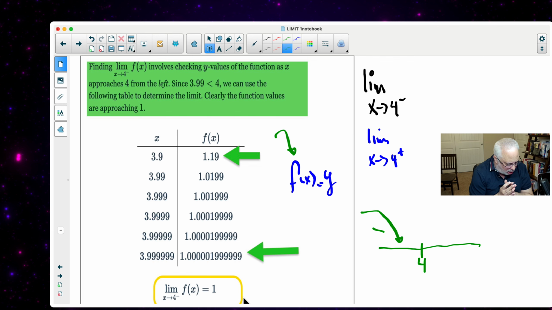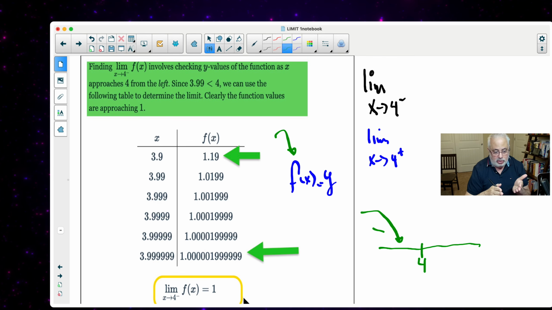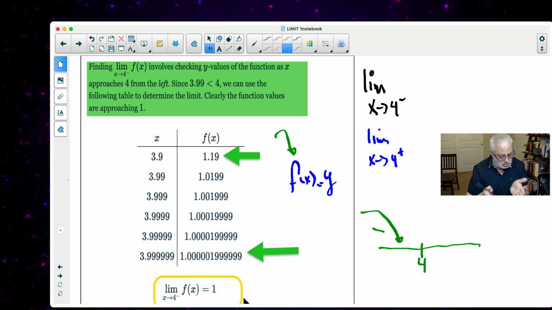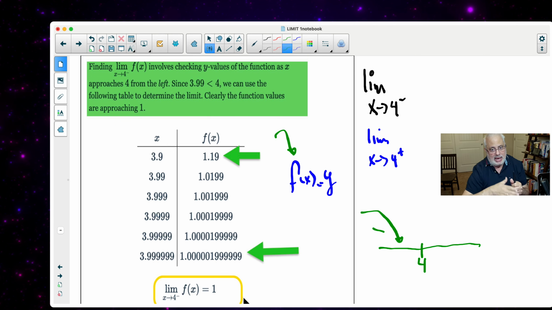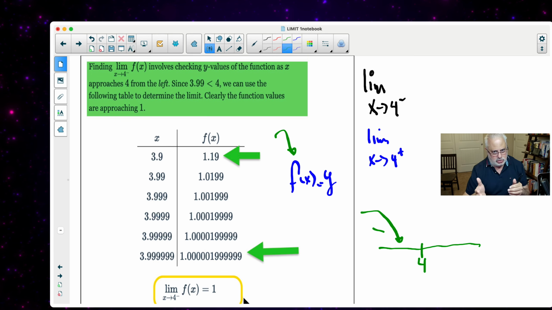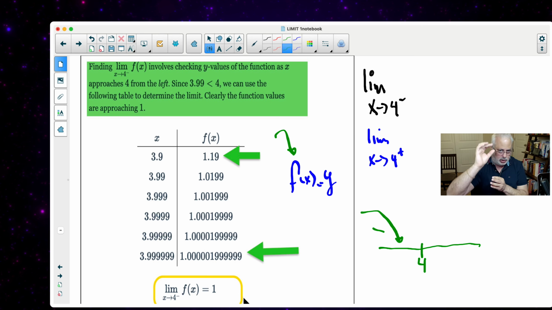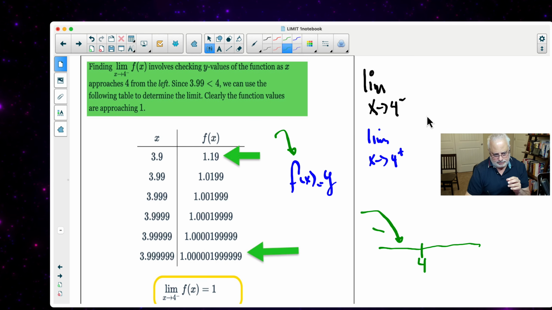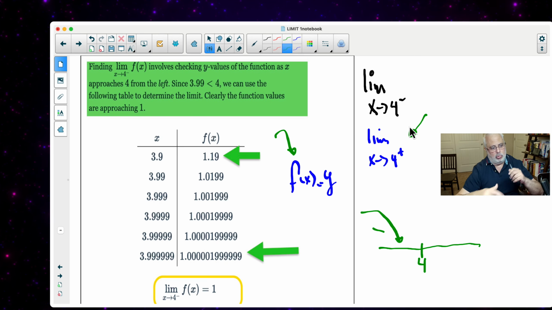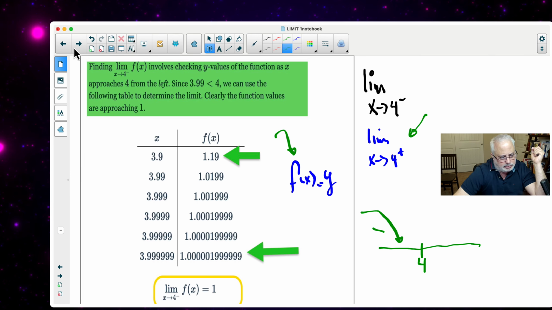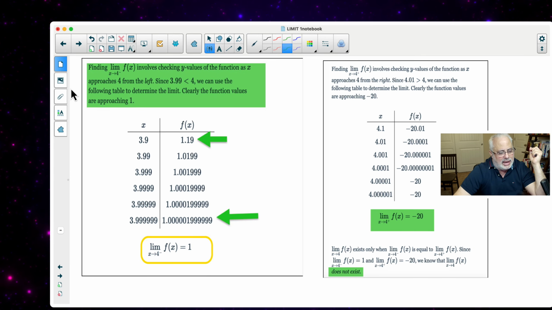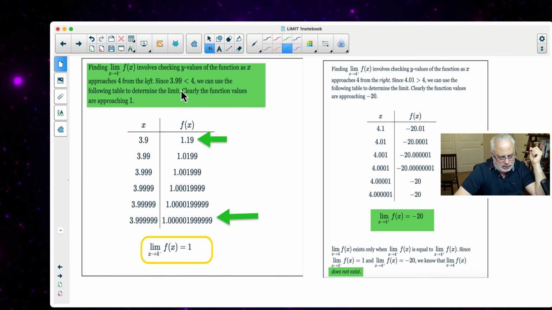But what is the concept of the limit? The behavior of both sides. So we have to check what the behavior of the function is near 4, both from the left and from the right, with the positive sign right here. So if we use a table of values, look at the first scenario.